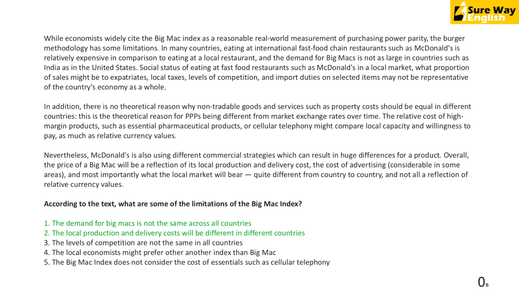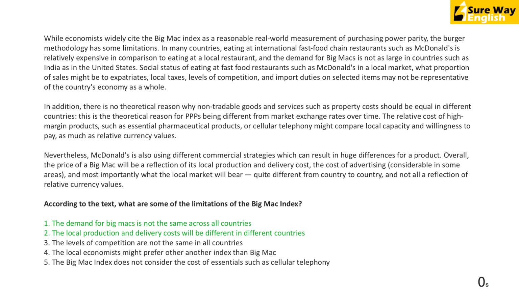The last one, the Big Mac index does not consider the cost of essentials such as cellular telephony. Now, the second paragraph does talk about cellular telephony, but that is as a way of talking about different products, and what it's saying is why different goods and services should be equal in different countries, right?